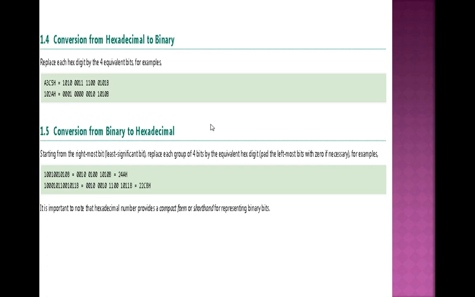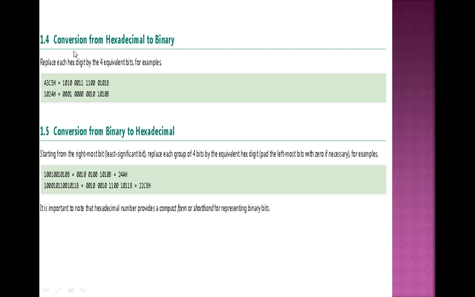C, which has a value 12, is divided by 2 and written in 4 bits. Then 5 is divided by 2 and the output is printed in the form of 4 bits.